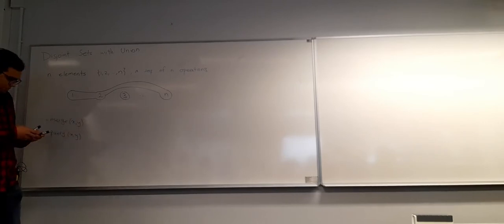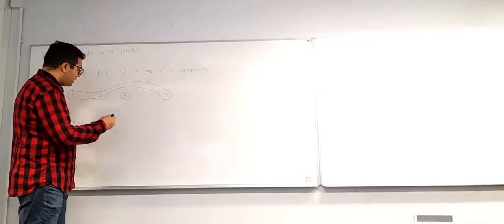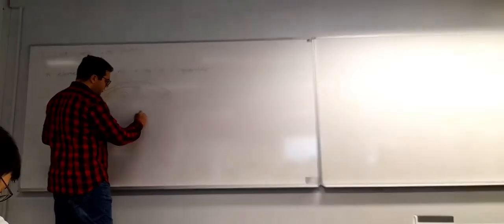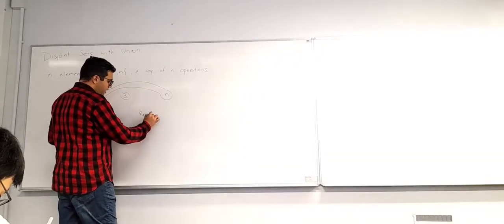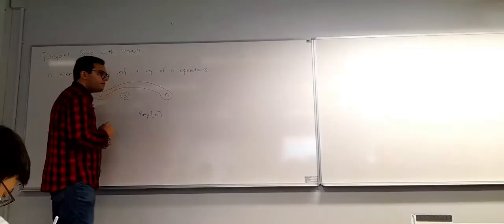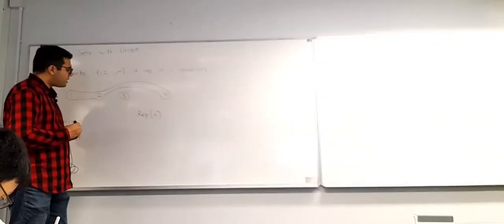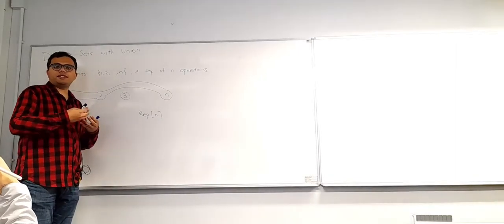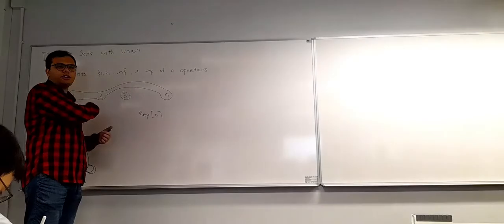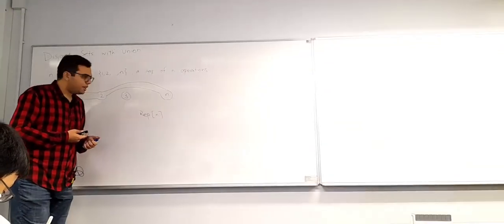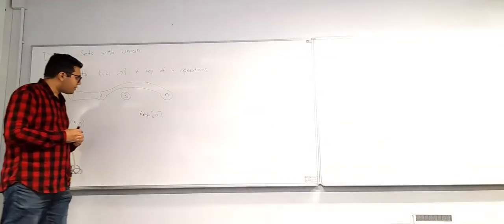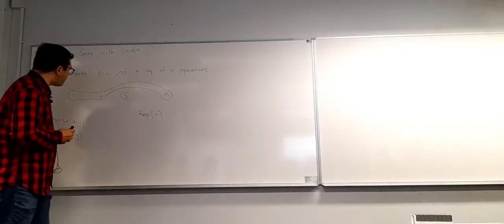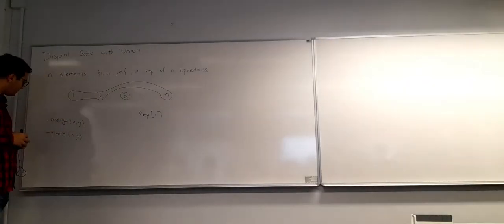Then I keep track of an array, let's call it the representative array, and let's say that its length is n. The ith element in this representative array tells me who the representative of the set that contains element i is going to be. So I just have a simple array, and for every element, I know its representative.